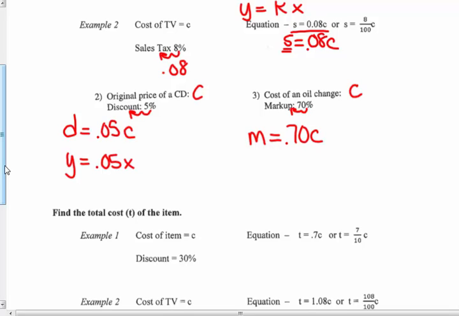M equals 70/100ths C, or the markup, what is it? 7/10 times the cost of the oil change, marking it up 70%. So we're writing equations. Notice that each one of these has an equal sign.